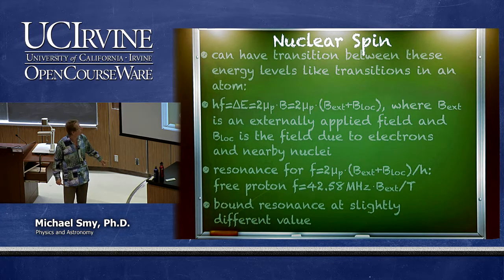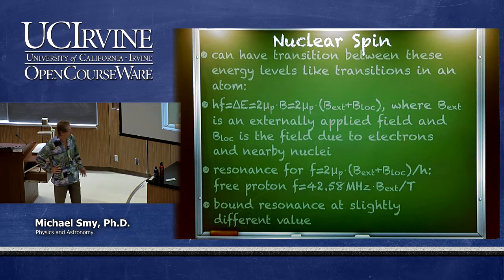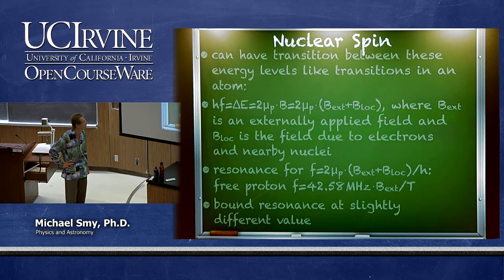We can then control the actual resonance frequency, which is simply the magnetic field divided by h times twice the magnetic moment of the proton, in the case of the hydrogen nucleus, for example.